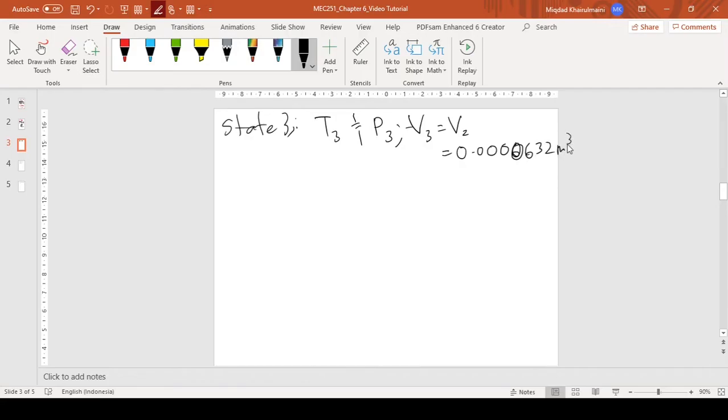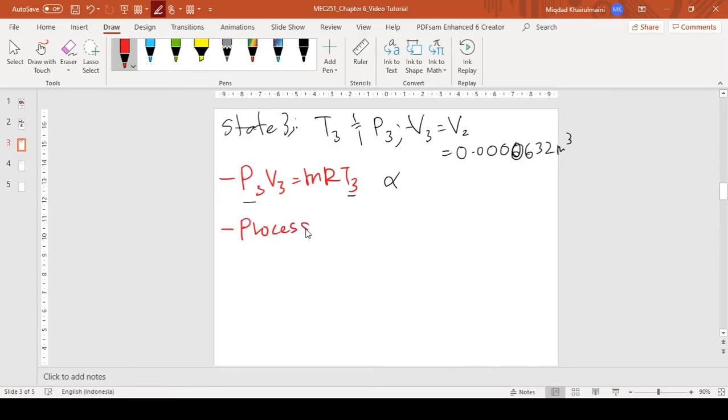Okay, so first we try to use P3, V3, MR3. We try to use this one first, but we don't have pressure, we don't have temperature, so this equation cannot be used yet. Once the ideal gas law cannot be used, we try to relate with the process.